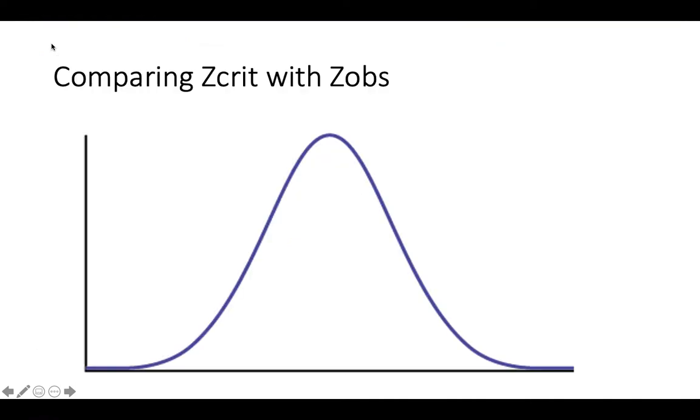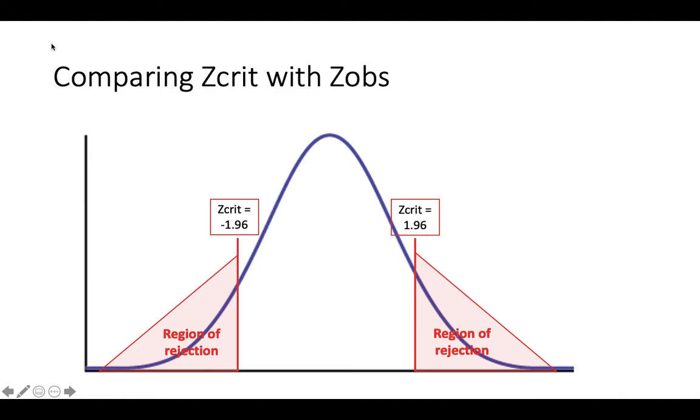Let's look at this to see if it helps better make sense of it. With the two-tailed test, we have two critical values, negative 1.96 and positive 1.96, meaning we have two regions of rejection. In this situation, our z observed, or the calculated z value that we got, is 1.5, and it does not fall into either region of rejection.